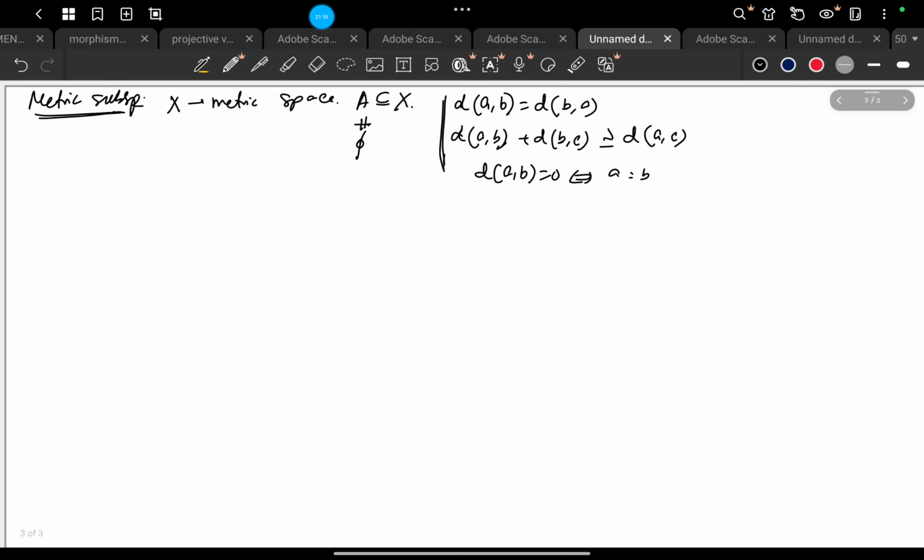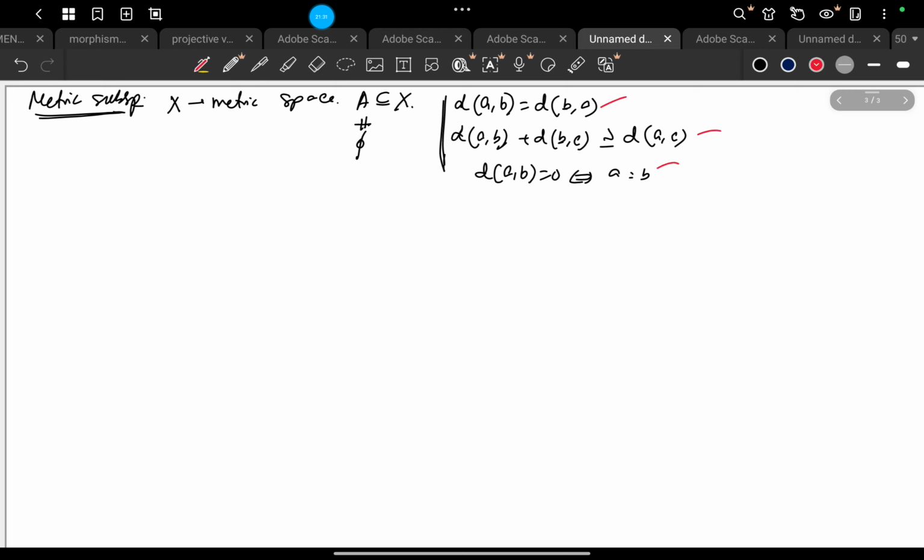Because we can boil this entire thing down to elements of the mother metric space, all the properties are easily satisfied.